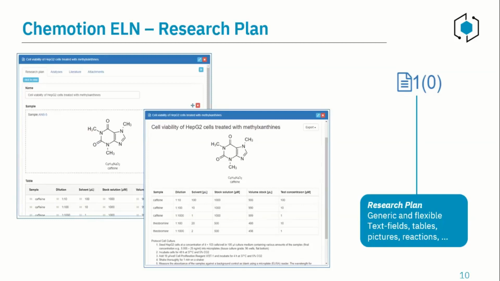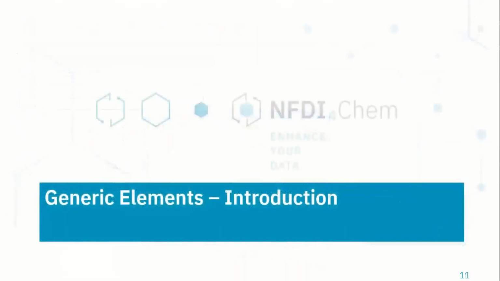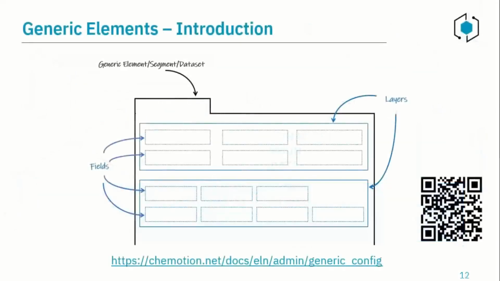And that's why we're now talking about generic elements. And I just have one simple slide on this one here in the presentation, which gives you first the link to the documentation. There are some basic information.